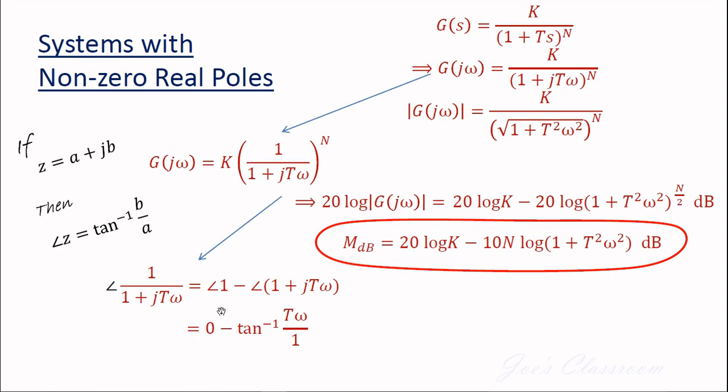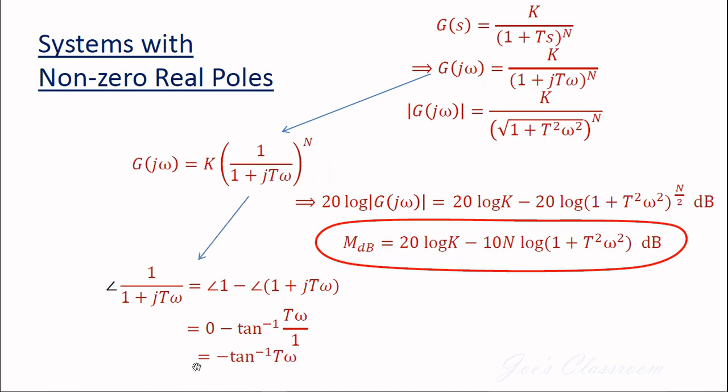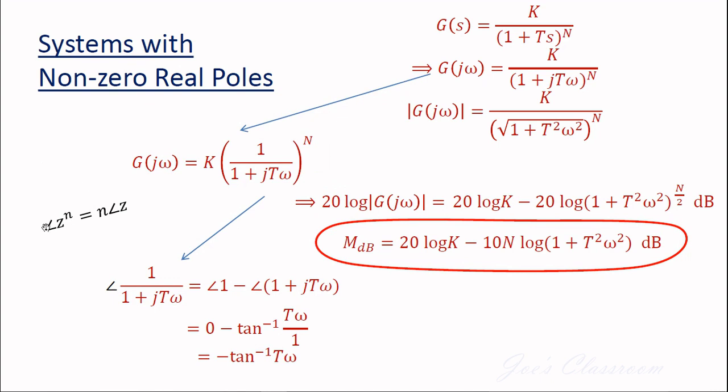If you take this as a real positive number, for any real positive number, the angle is going to be 0. And if I have a complex number of the form a plus jb, then the angle of z is going to be tan inverse of b by a. Here this is b and this is a. So I can write like this, and this is what I get. We saw that this is the expression for angle in the case of z power n.